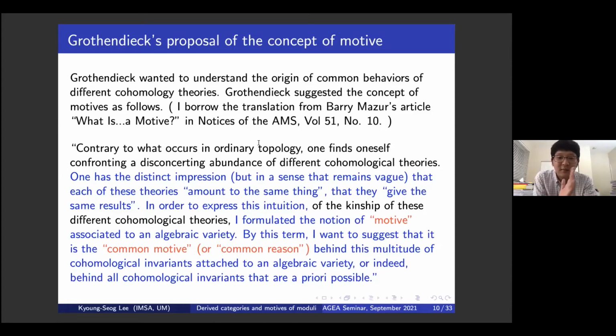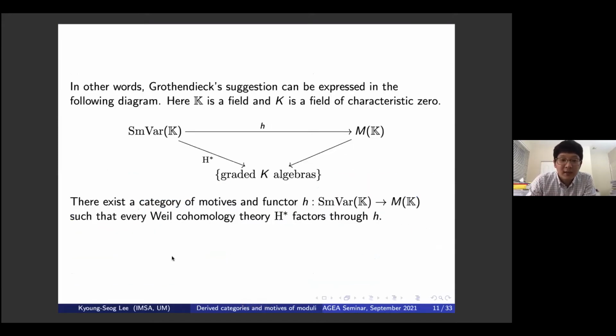And he suggested the concept of motifs as follows. One has a distinct impression that each of these theories amounts to the same thing. So he formulated the notion of motif associated to an algebraic variety. By this term, he wanted to suggest that there is a kind of common motif behind the similar behavior of very differently defined cohomology theories of algebraic varieties. In other words, his suggestion can be summarized in the following diagram.